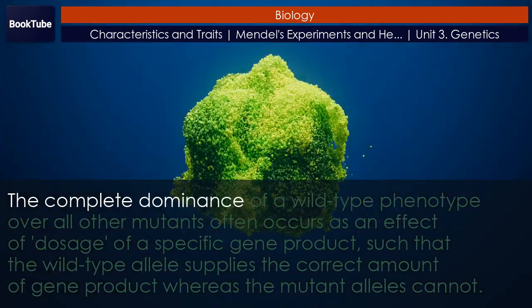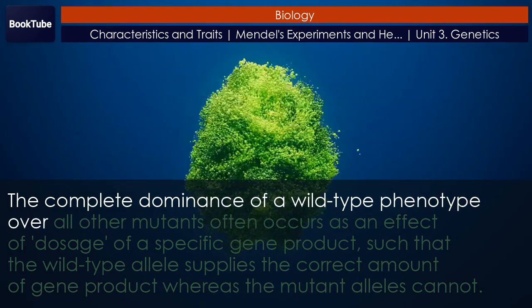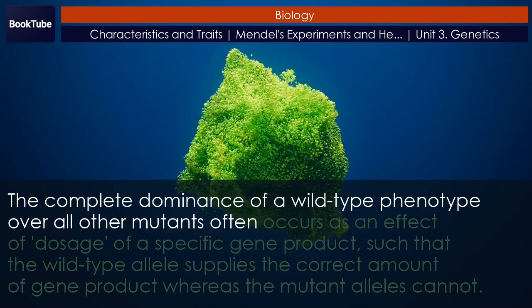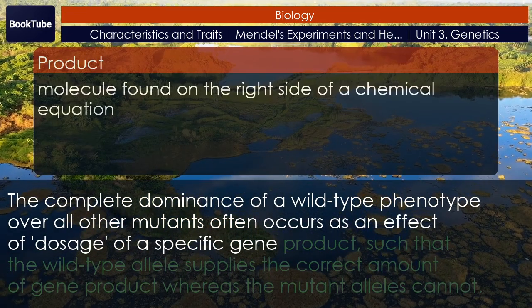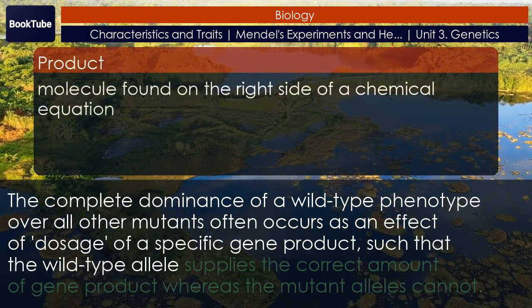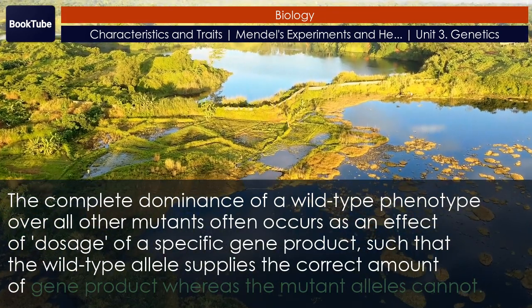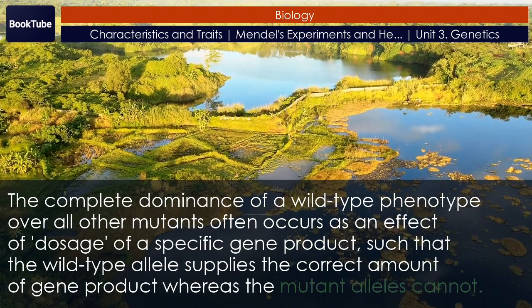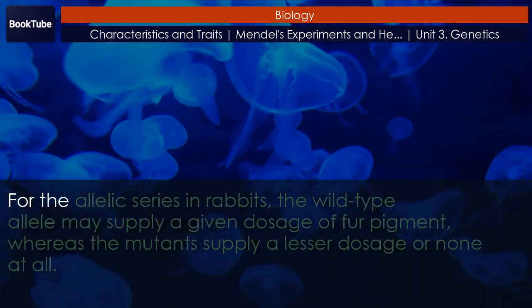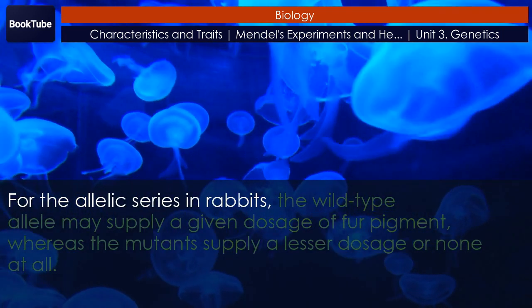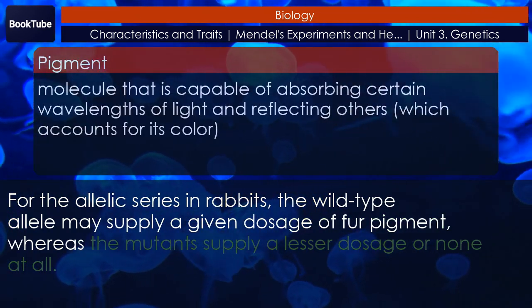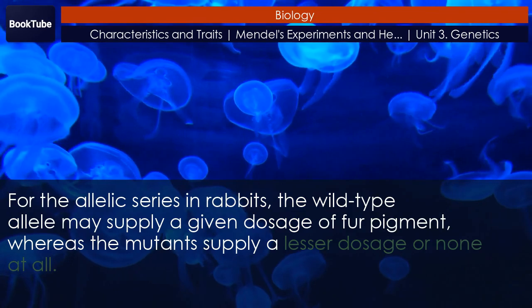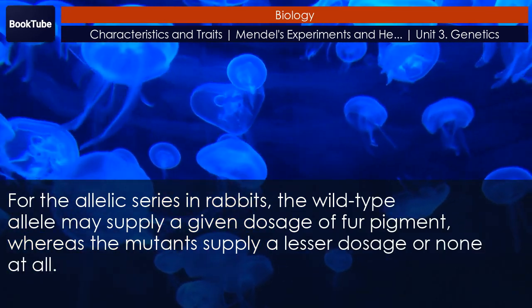The complete dominance of a wild-type phenotype over all other mutants often occurs as an effect of dosage of a specific gene product, such that the wild-type allele supplies the correct amount of gene product whereas the mutant alleles cannot. For the allelic series in rabbits, the wild-type allele may supply a given dosage of fur pigment, whereas the mutants supply a lesser dosage or none at all.